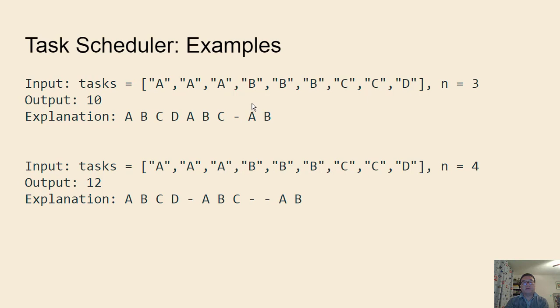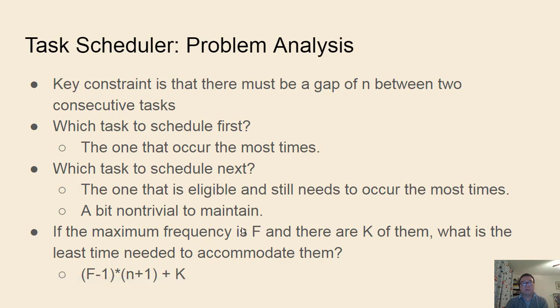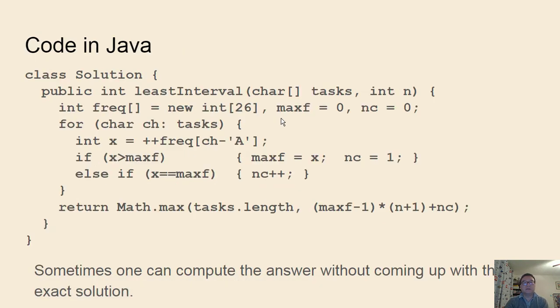And after these blocks, these ones still need to appear at least once. So the formula is (f-1) times (n+1) plus k, since there are k items that appear most frequently. Essentially the answer will be the max of this and the size of the task array. And it turns out that this heuristic is correct.